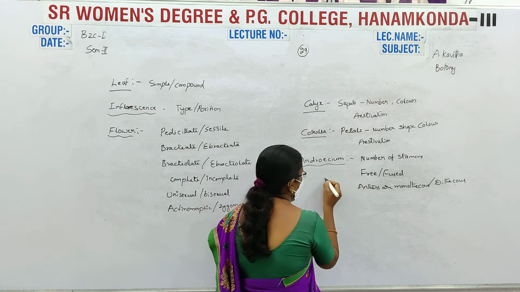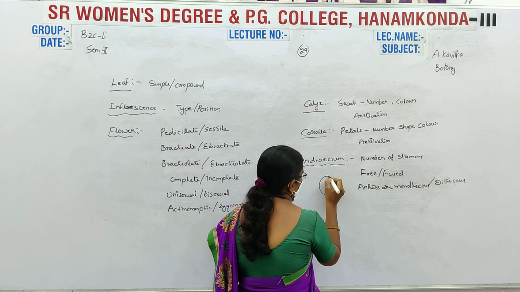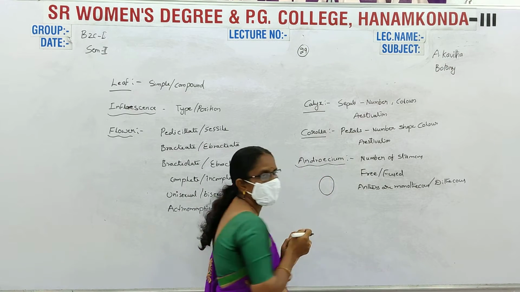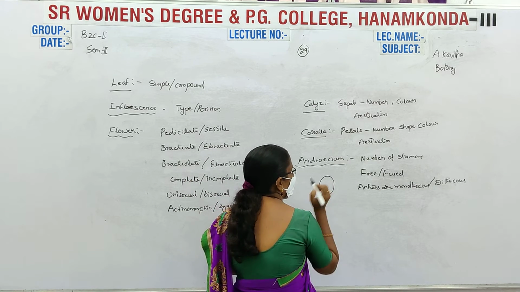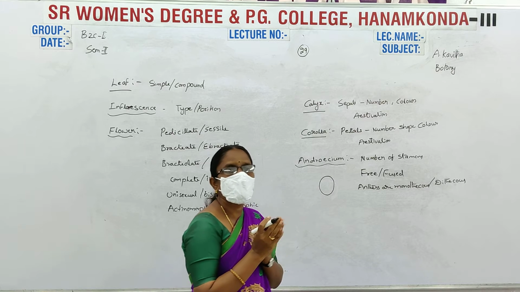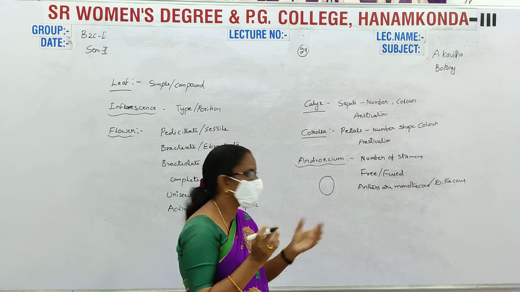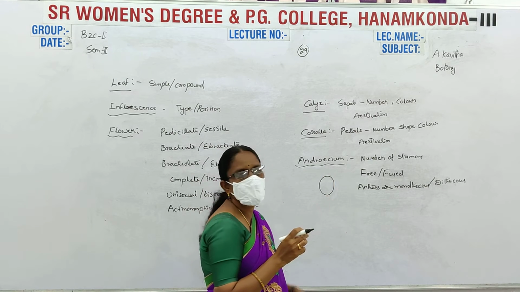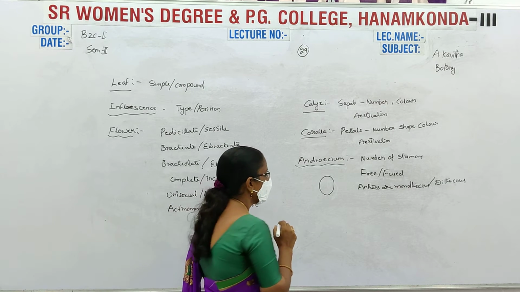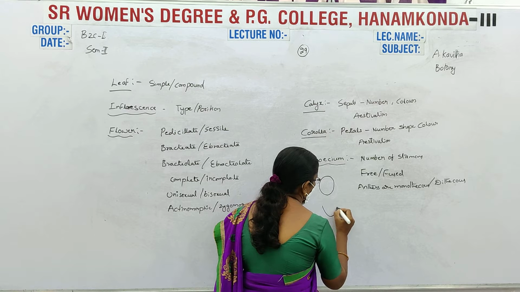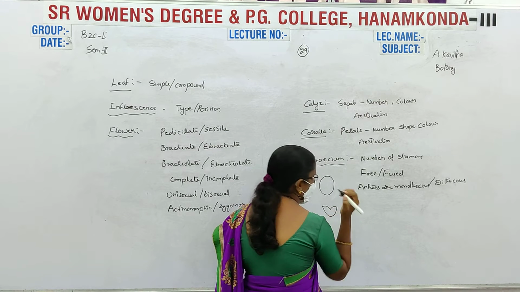For example, this is the anther with only one locule present. 2 microsporangia are present in a monothecous anther. It is monothecous. For example, this is a monothecous anther.